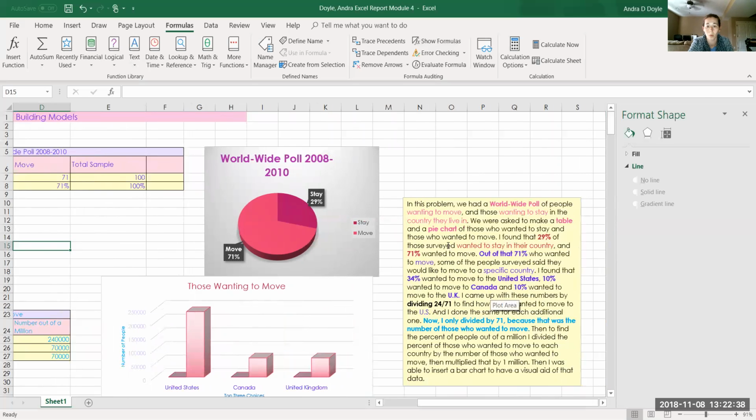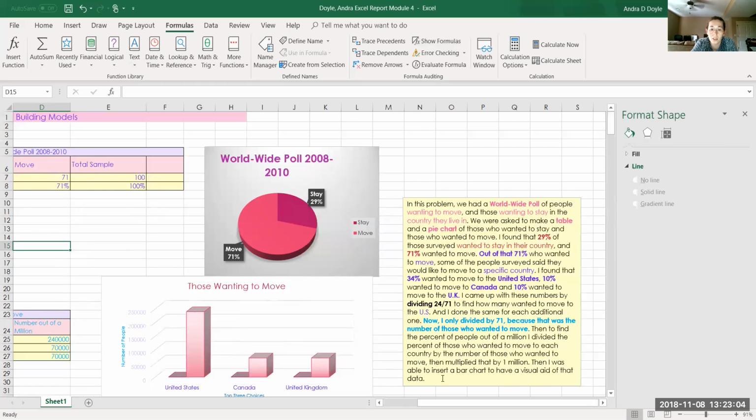Out of that 71%, some of the people surveyed said that they would like to move to a specific country. I found that 34% wanted to move to the United States, and 10% wanted to move to Canada, and 10% to the UK.